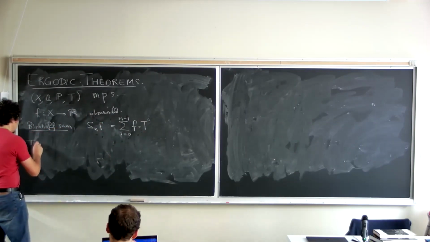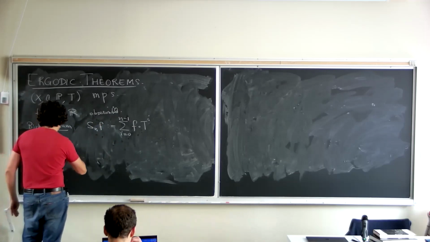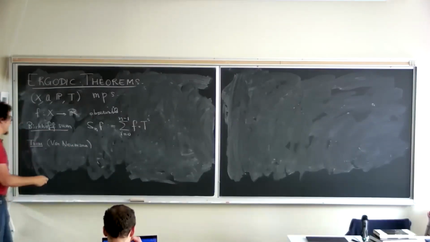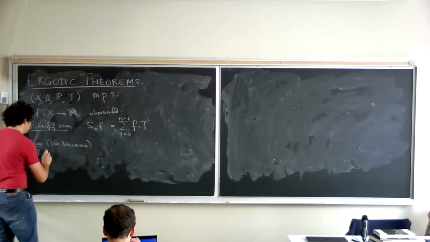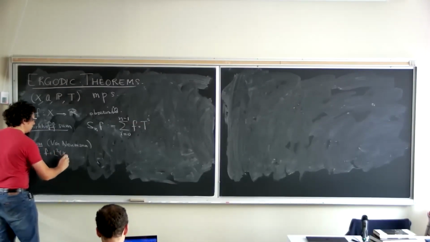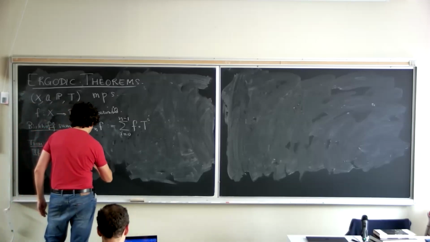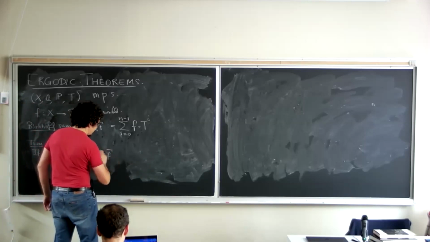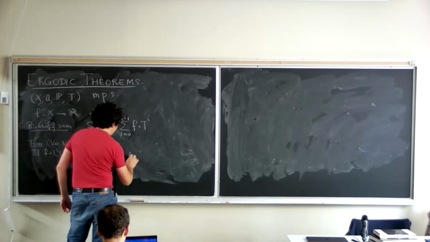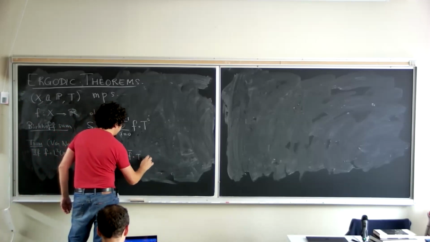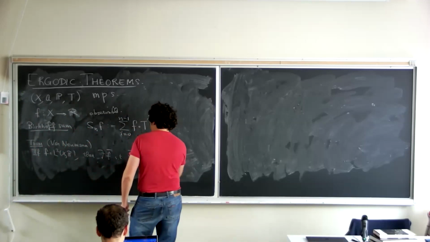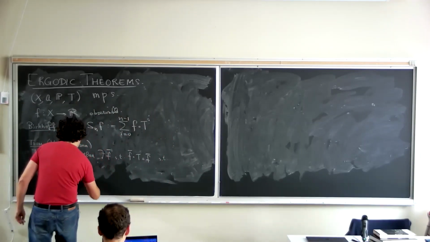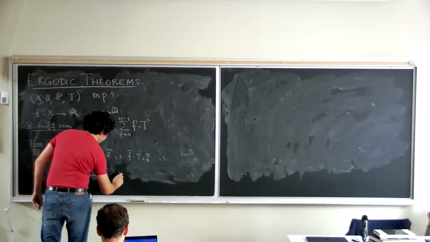So the von Neumann theorem, which we discussed last time, without really a complete proof, but more or less giving an idea, says that if f is in L2, then there exists f bar, which is invariant, such that f bar composed with T equals f bar, also in L2, such that S_n f divided by n converges to f bar in L2.